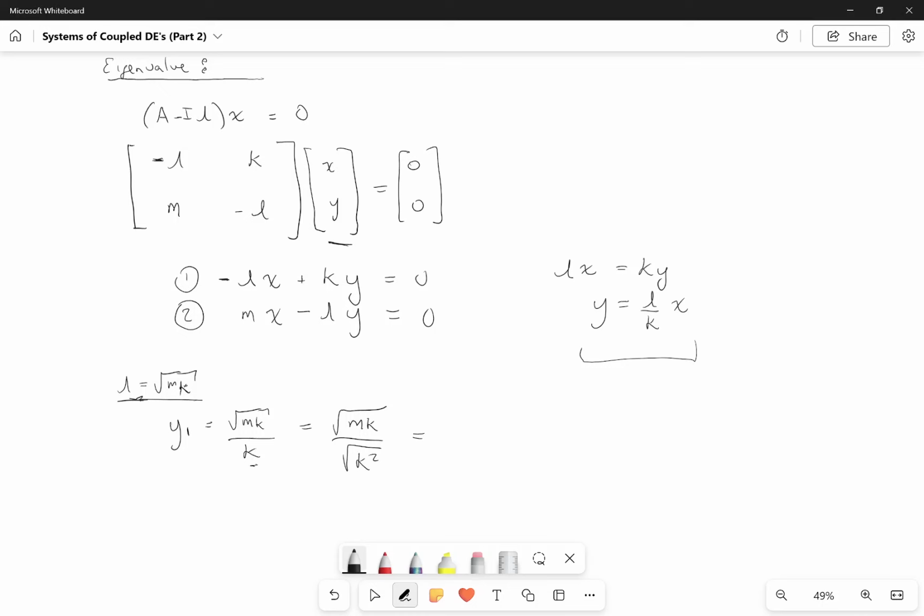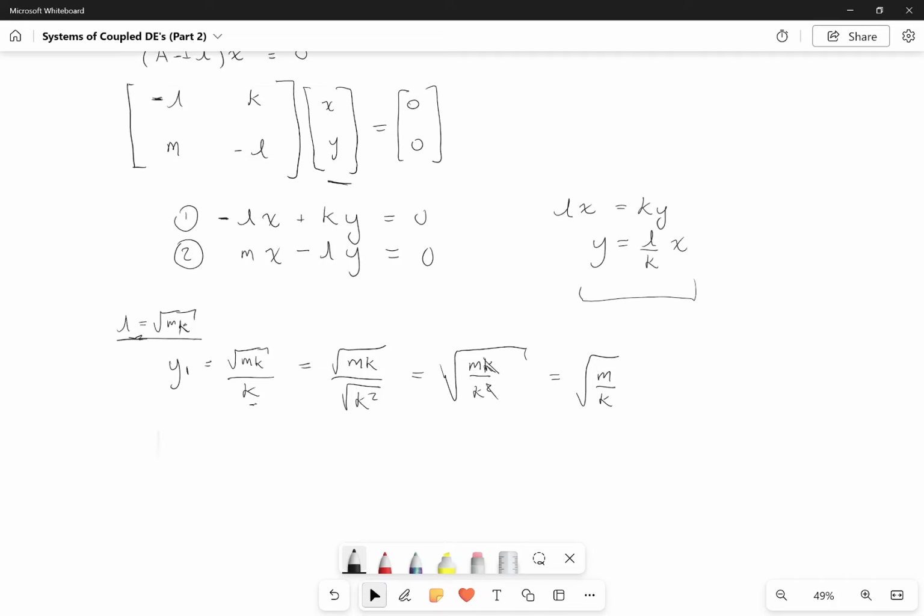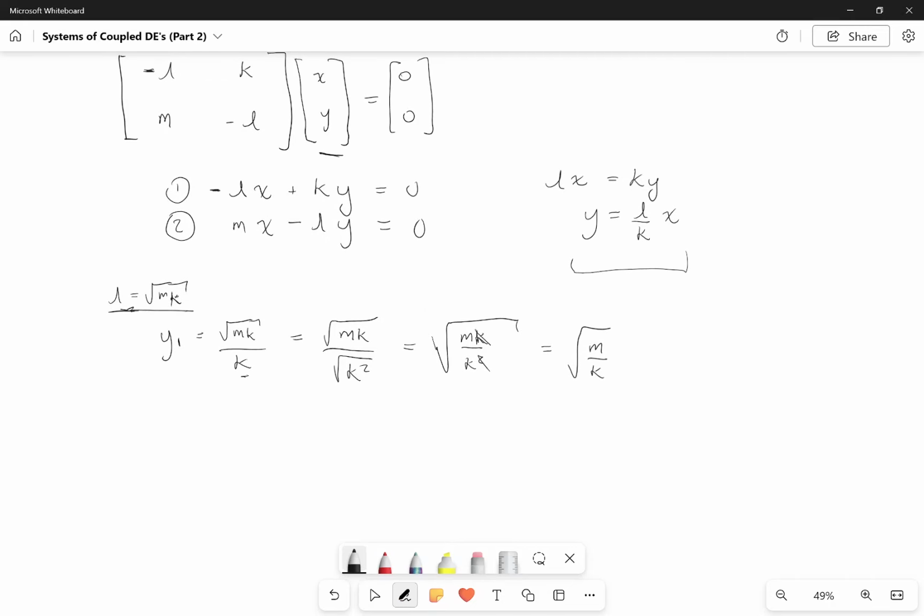We cancel this k with the squared, and we get square root of m over k. Okay, so that is the relationship for that eigenvalue. These are times x.